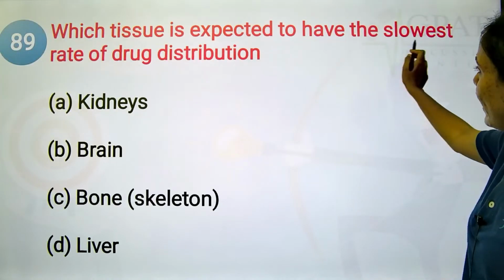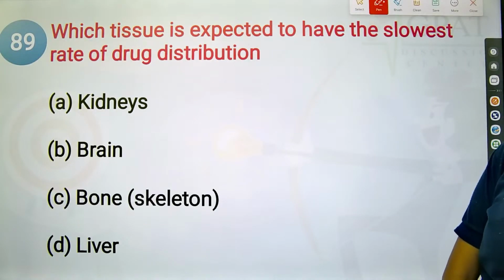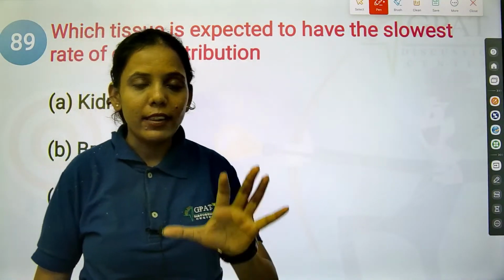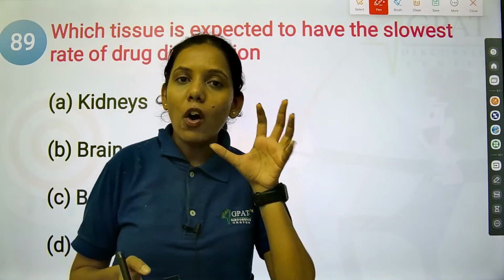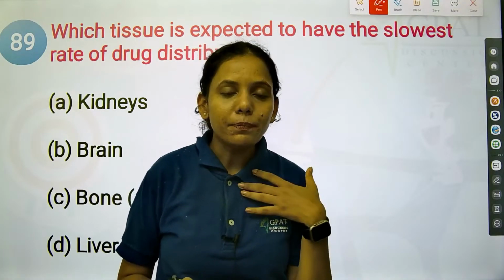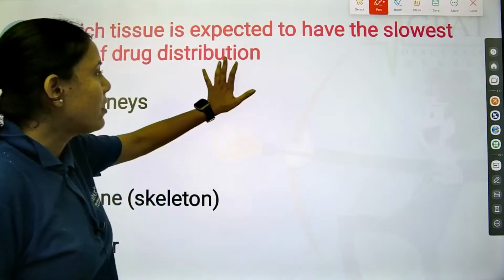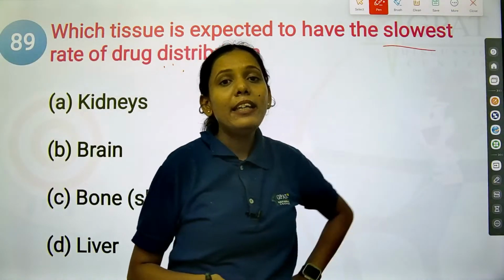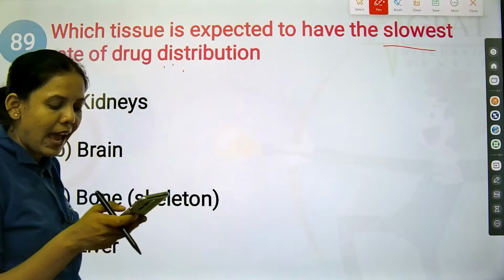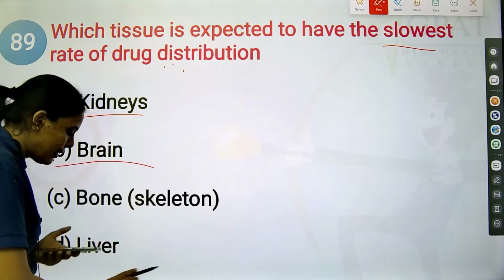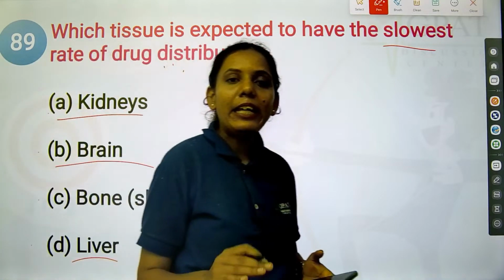Which tissue is expected to have the slowest rate of drug distribution? Now see, drug distribution depends upon the perfusion. That means how much that organ is supplied with blood circulation. Now the slowest means that it will have the least supply of blood. Which one will have the least supply? Option A is kidney, brain, bone, liver. Now we know that kidneys, brain and liver are highly perfused organs.